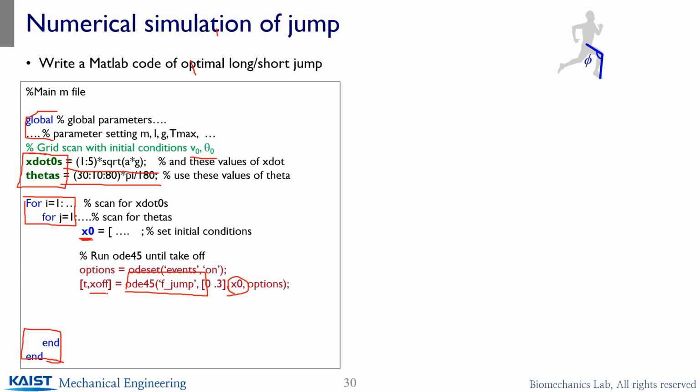When you stop integration at the takeoff, with those takeoff variables you can find out the height and distance, and you just store them. Later at the end of the for loops, you will have a matrix with height information and distance information corresponding to specific velocity and theta naught.